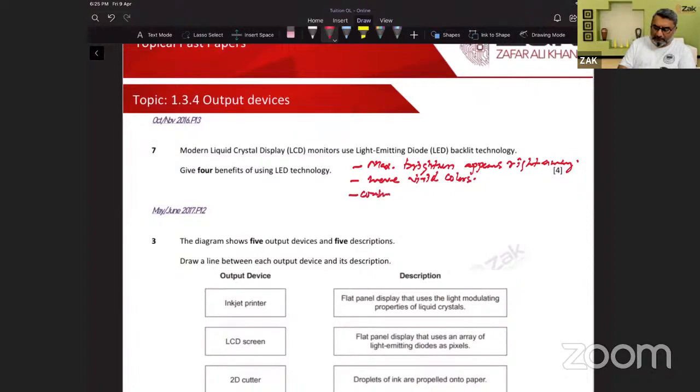Consumes less electricity. और लॉन्ग लास्टिंग है, ड्यूरेबल है. थिनर है, लाइटर है, इस तरीके से, ठीक है ना.